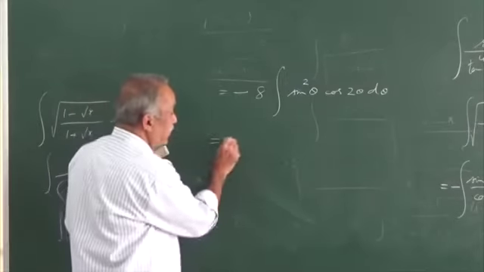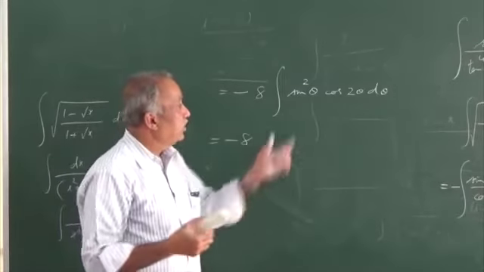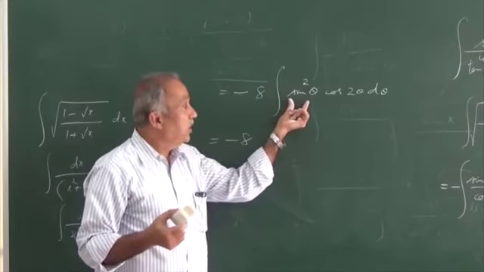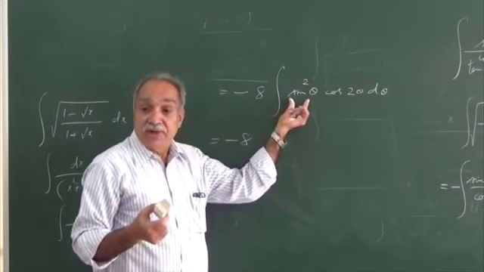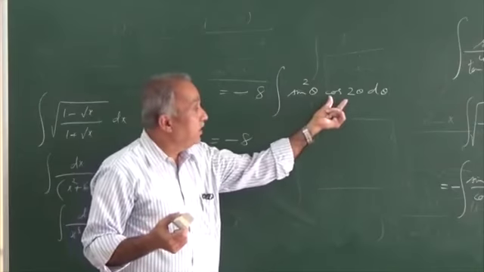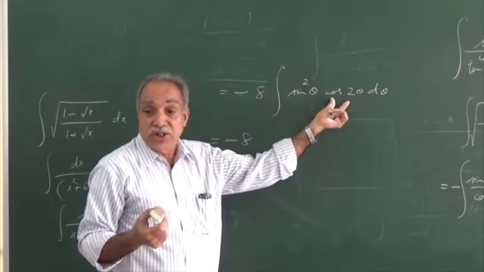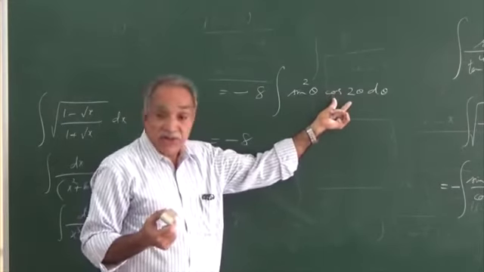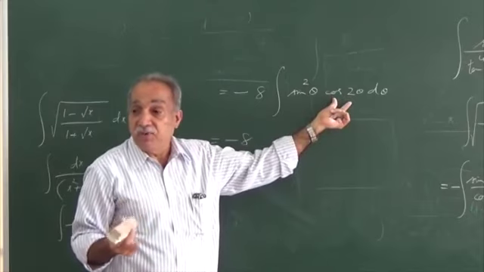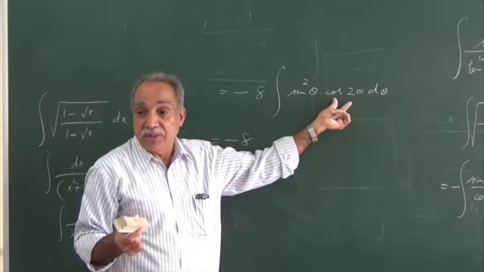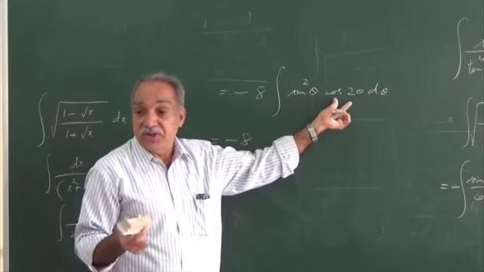Or instead of that, why not think of reducing the degree of this factor? Instead of writing this as 1 minus 2 sin square theta, let me leave this as it is. Already it is a term of degree 1. Let us not disturb it. Let us not try to increase its degree.